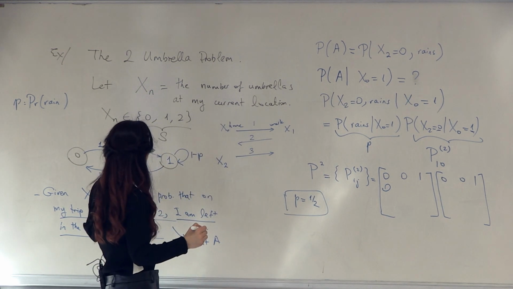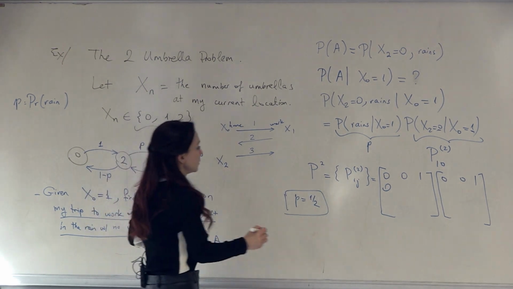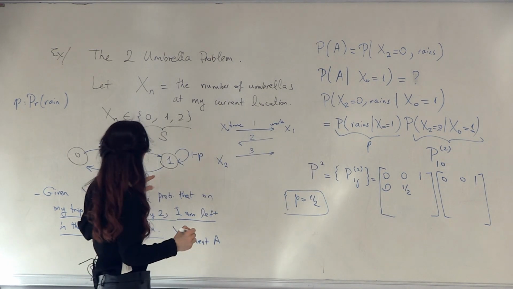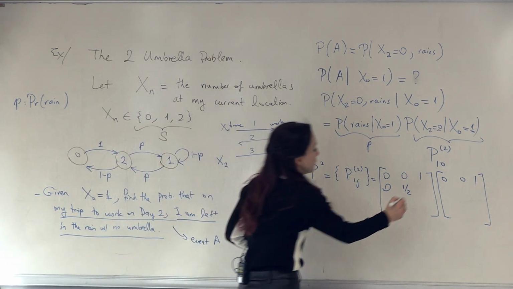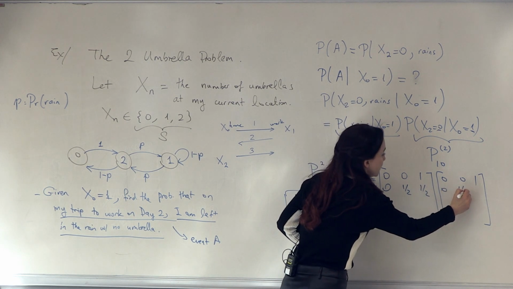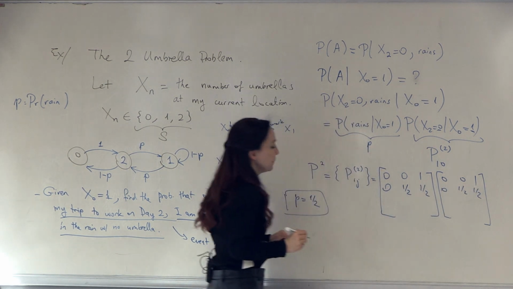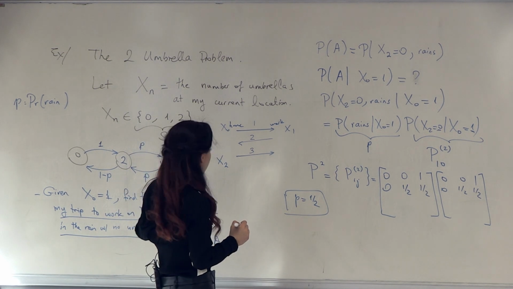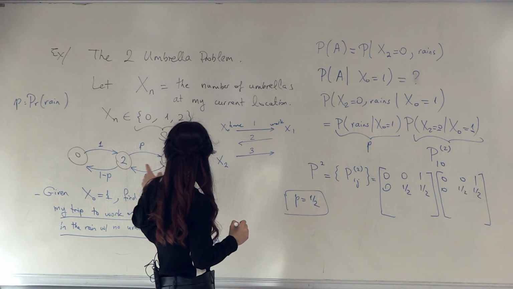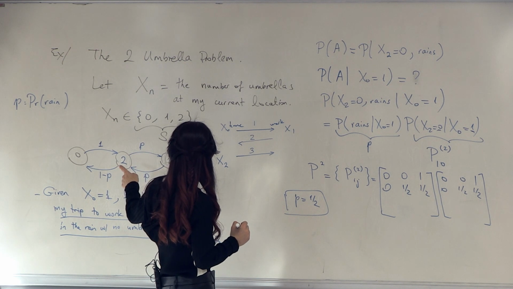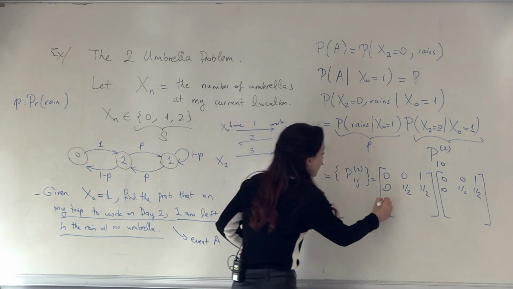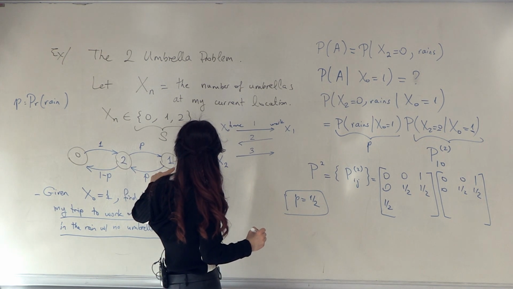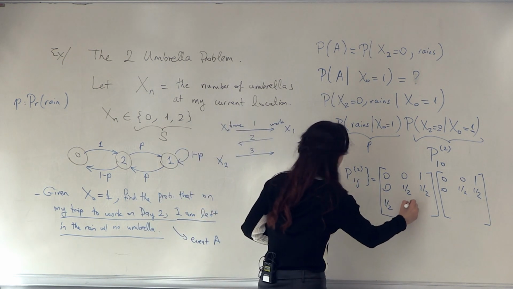From 1 to 1, it's 1 minus p, which is 1/2. From 1 to 2, it's again 1/2. And from state 2, I go to 0 with probability 1/2. From 2, I go to state 1 with probability 1/2.